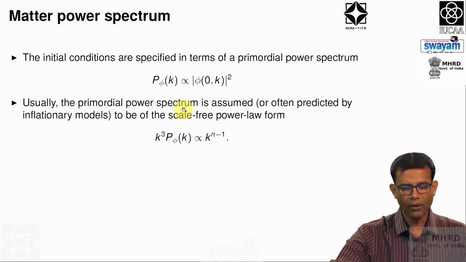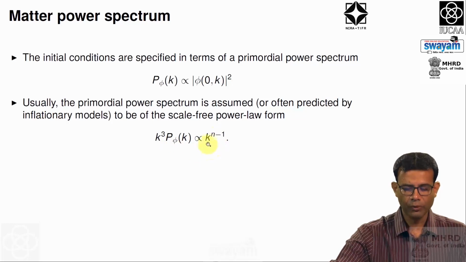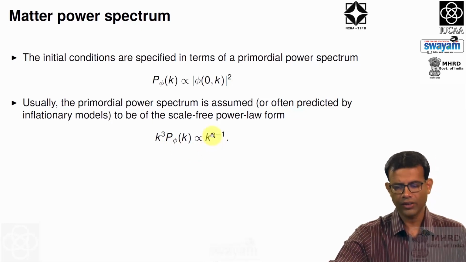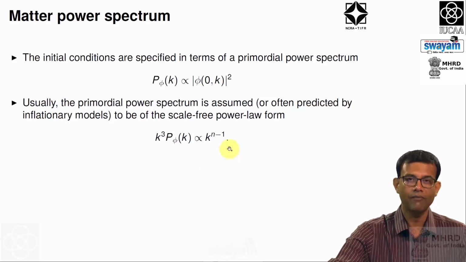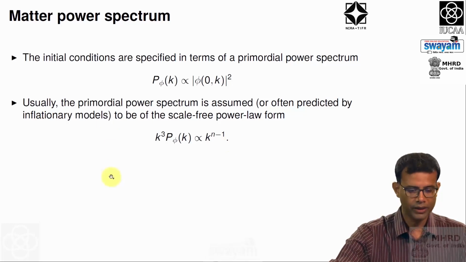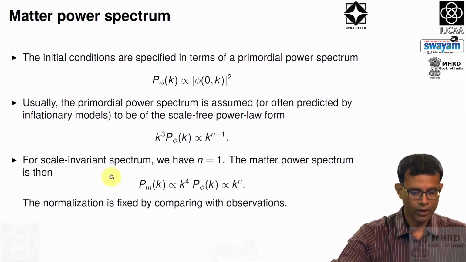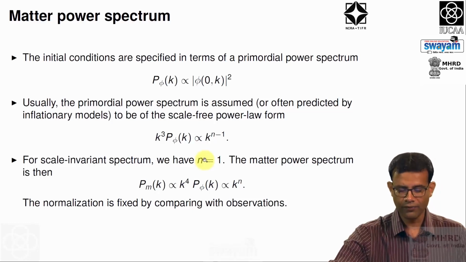Usually the primordial power spectrum is assumed to be of the scale-free form like this. So, you say k cubed P of phi is proportional to k to the power n minus 1. This type of behavior is often also predicted by inflationary models, which give you a paradigm for generating perturbations through quantum effects. If the spectrum is scale invariant, then n equals 1, and you have the same power at all scales.